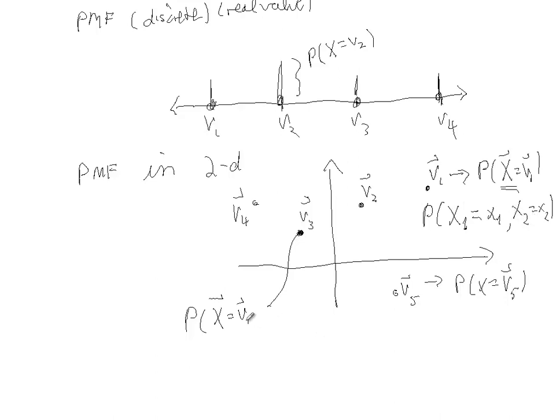So if I want the probability that my random variable X is equal to the vector v3, that's going to be equal to the probability that the first component of big X is equal to the first component of v3. I guess I'll call that x prime. And the second component of my random variable is equal to the second component of my vector.